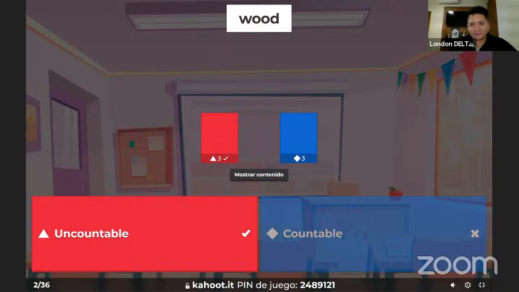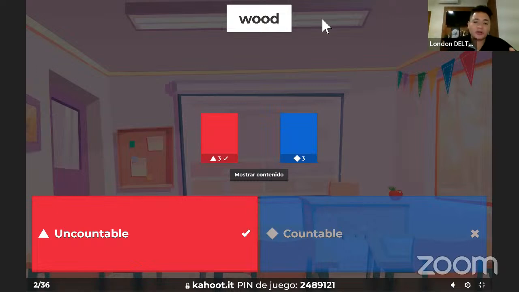Si yo digo madera, so you can think about, you can have maybe 1 kilo of wood, puedes tener 1 kilo de madera, y eso sí es contable. Pero lo que estás contabilizando en ese caso son kilos, no madera, right? So in this case, wood is uncountable.